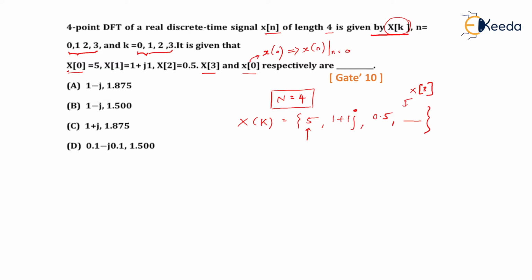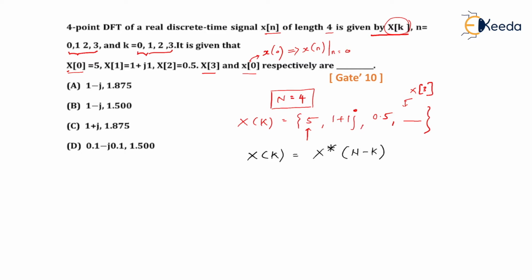First of all, I'll try to get X of 3 from the given information of X of k. As we have already learned in the last video lecture, X of k is always equal to X conjugate of N minus k.